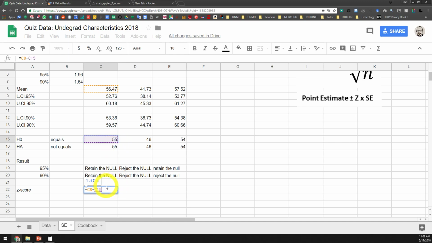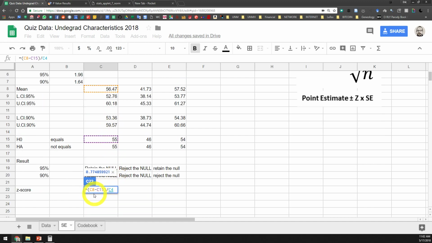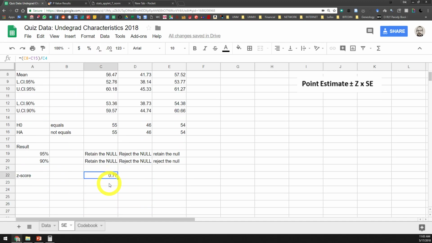We put parentheses around both of these, and then divide by the standard error, scrolling up to find it. We get a value of 0.77, rounded to the hundredth.